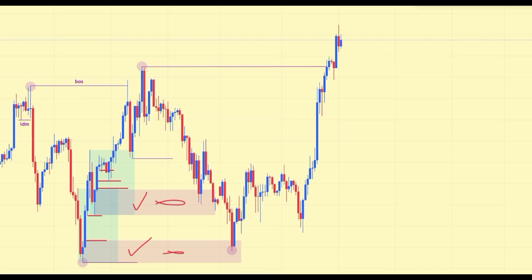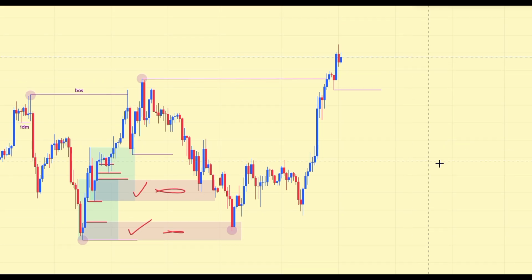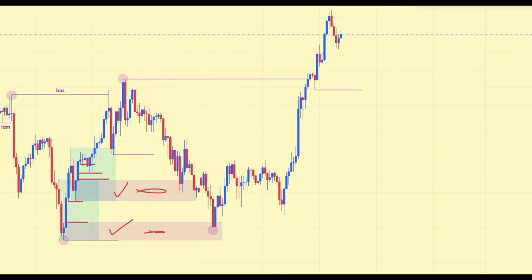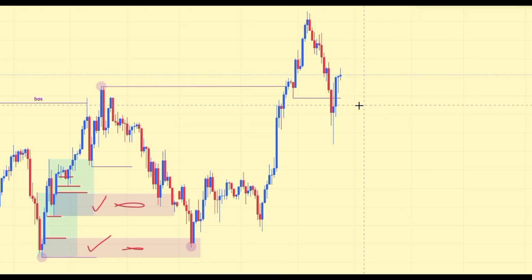Exactly right here we can see this one here is the inducement. We said once we are in a new trading range, first identify the inducement and make sure that price has taken out the inducement before you mark the order flows. And exactly right here you can see price has taken out the inducement.